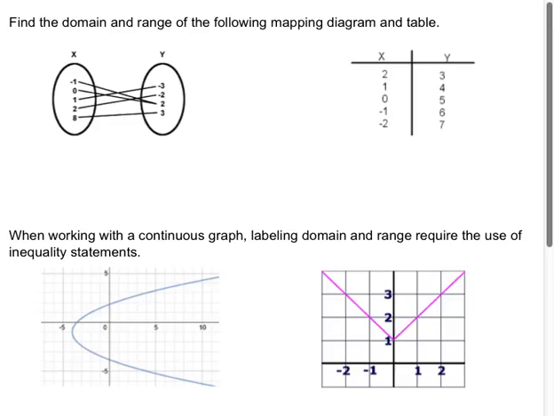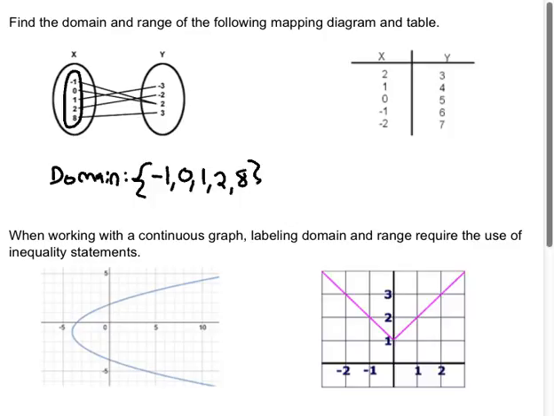All right, and looking at these are even easier to list the domain and range, a mapping and a table. Okay, so here my domain, if my domain is every possible x value, well, that's all the numbers you see represented right there.